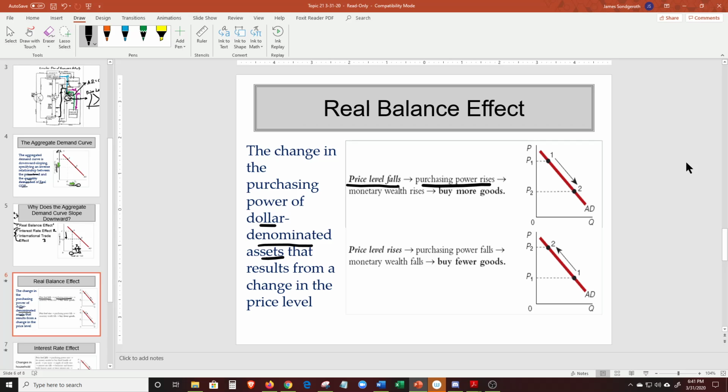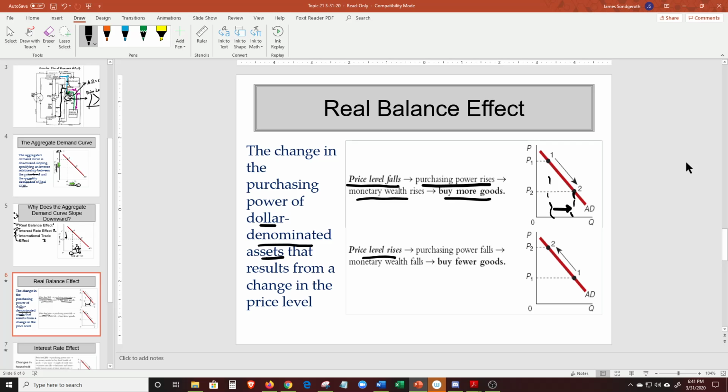Just like in micro, your real income went up, even though your nominal income didn't. Even though your $100,000 didn't increase, it will now buy more. Monetary wealth rises, you buy more goods, and so you increase the amount you purchase.